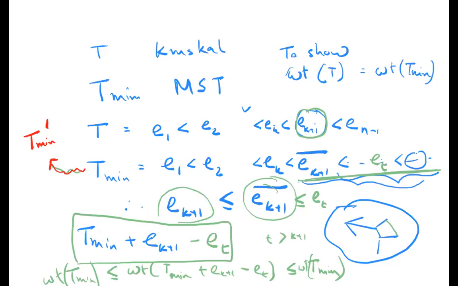But it now has, what? I have replaced E_{k+1} bar with E_{k+1}. That means now this spanning tree and this spanning tree match not in K edges, the first K edges, but in K plus 1 edges.